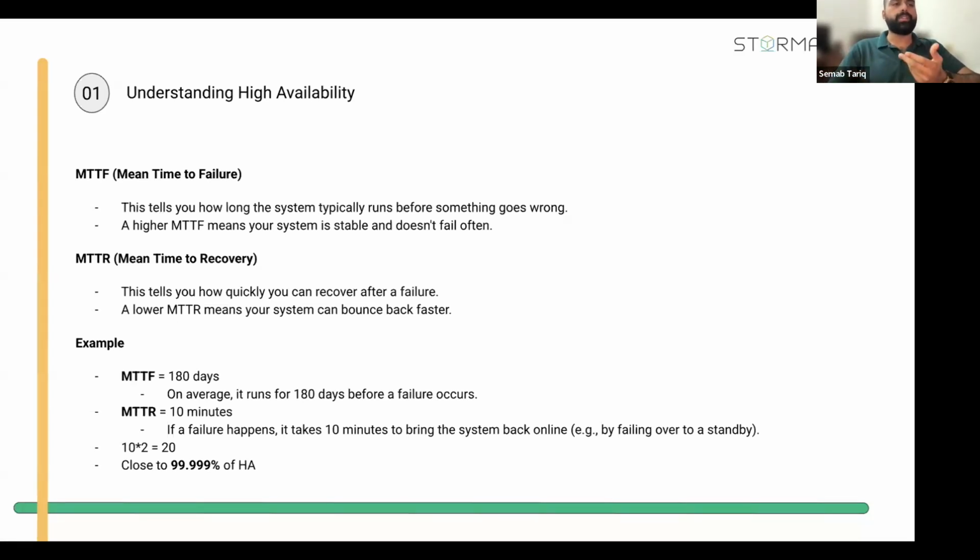Whereas mean time to recovery tells you how fast a system is recoverable from an issue. So usually we expect a higher mean time to failure and a lower mean time to recovery. And let's try to understand these two concepts from the example below.